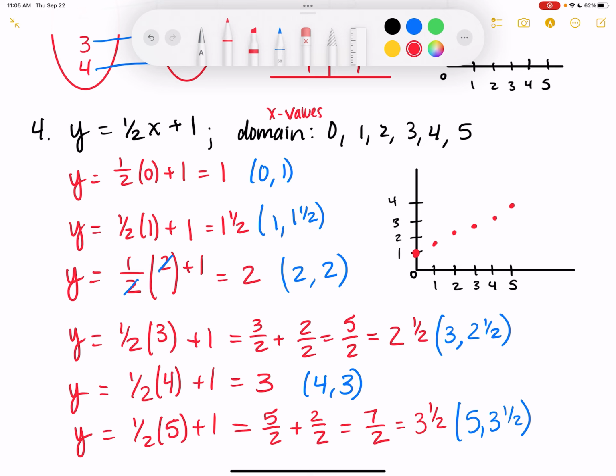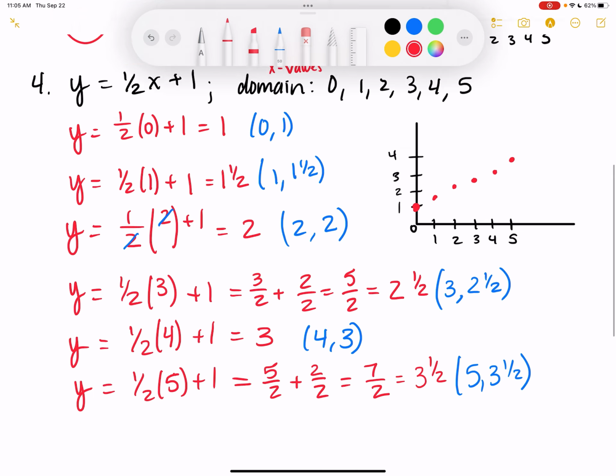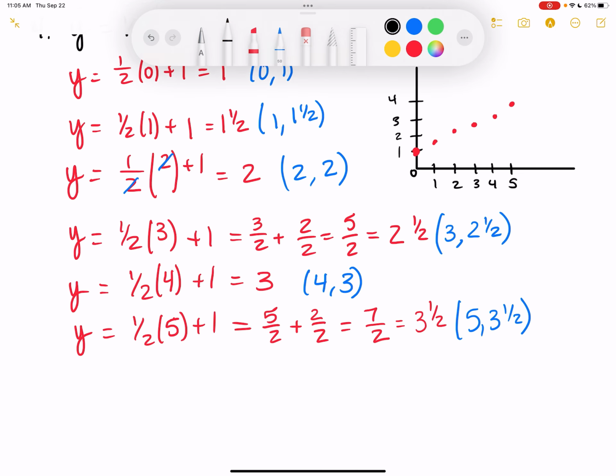All right, let's do another one. Let's do number 6. Y equals 3x minus 1.